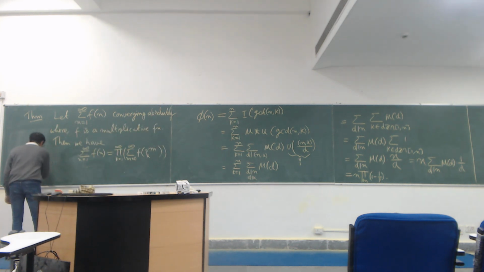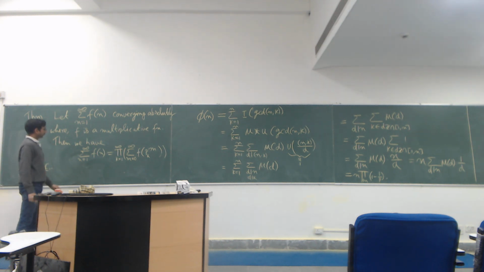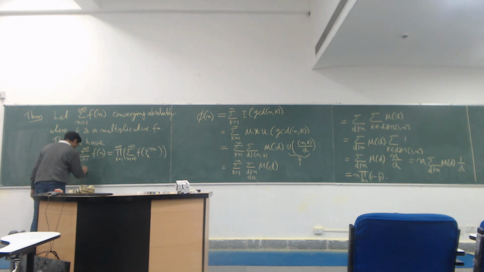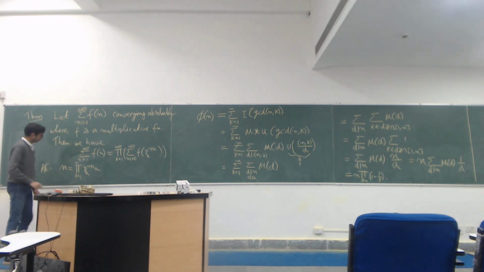So, proof. At first, what we do, we take some n, which is this product of pk to the power nk, with k running from 1 to r.